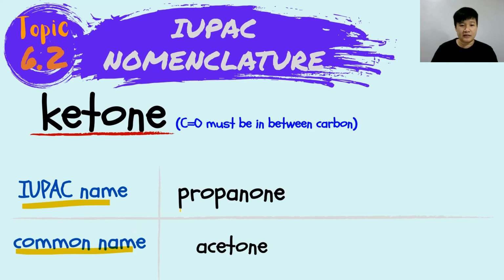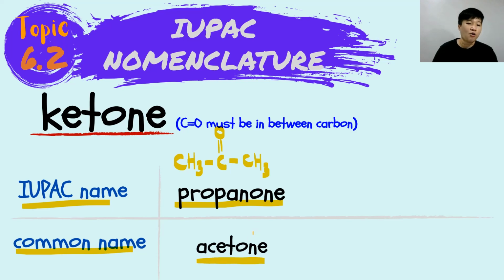Next, let's move to the IUPAC names and some common names of ketones. The first one is propanone, a 3-carbon ketone. Your 3-carbon ketone is also named acetone. Acetone is the common name of propanone. Whenever the question mentions acetone, you know that it's a 3-carbon ketone.